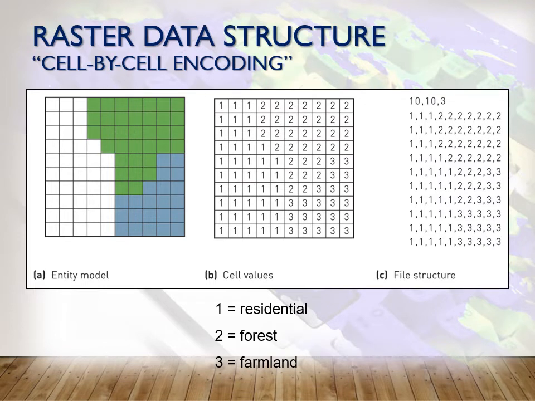So raster data, again, uses pixels and something called cell-by-cell encoding. Basically, each pixel or cell, we use cell in GIS, has a value. In this case, what we're looking at here is 1 representing residential areas, 2 representing forest, and 3 representing farmland.